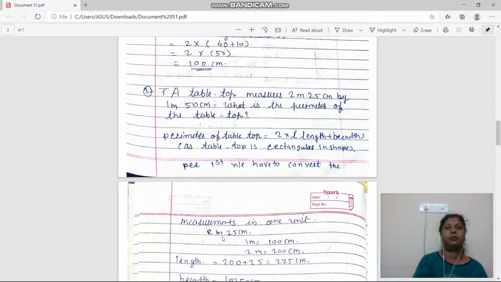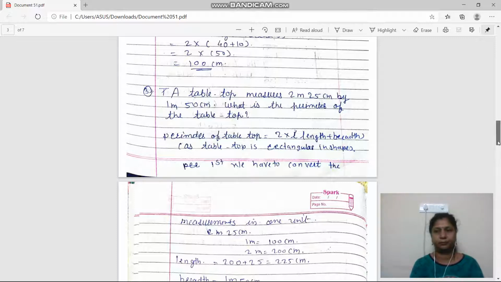So 2 meter 25 centimeter. Let's convert it into centimeter. 1 meter is equal to 100 centimeter. So 2 meter is equal to 200 centimeter. So length is equal to 200 plus 25, that is 225 centimeter. Okay.